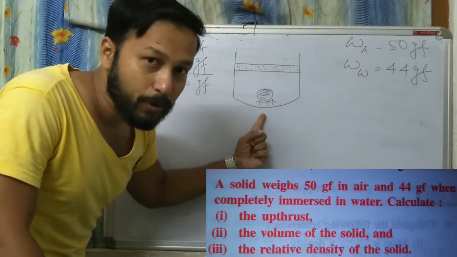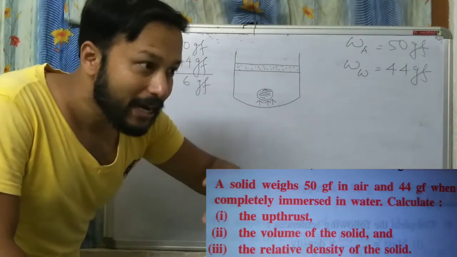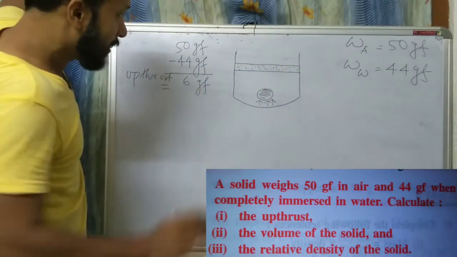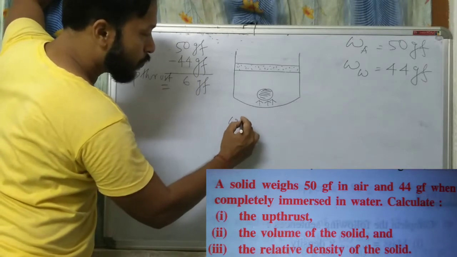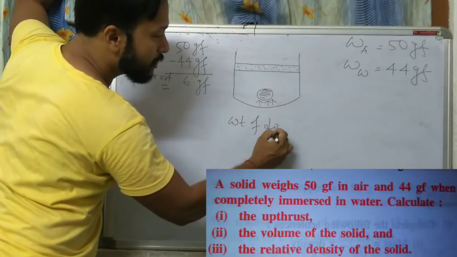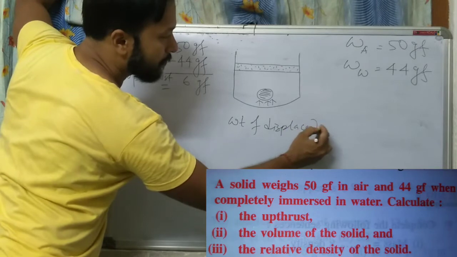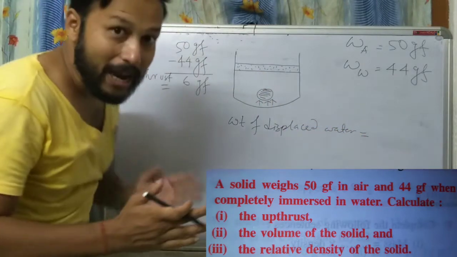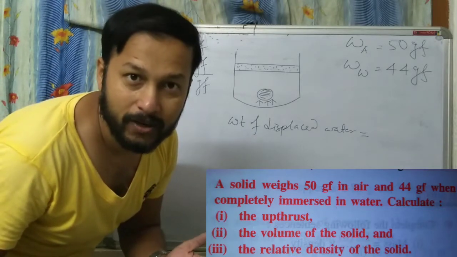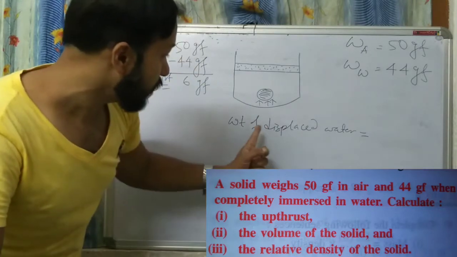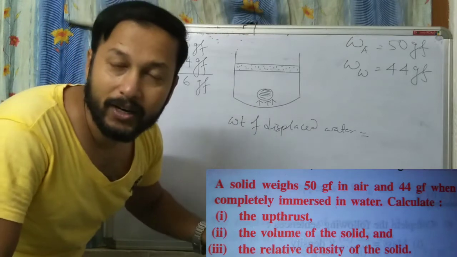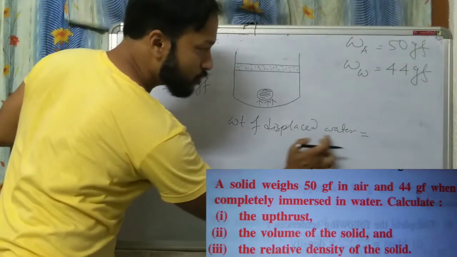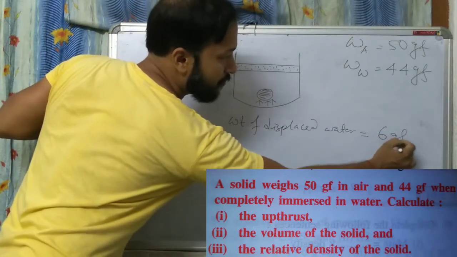To find the volume of this solid, we will take the help of this displaced water. The weight of displaced water equals the amount of upthrust, which is 6 gf. So weight of displaced water is 6 gf.